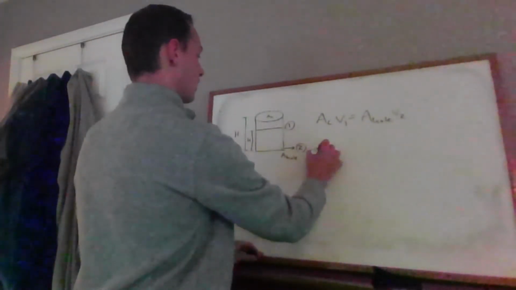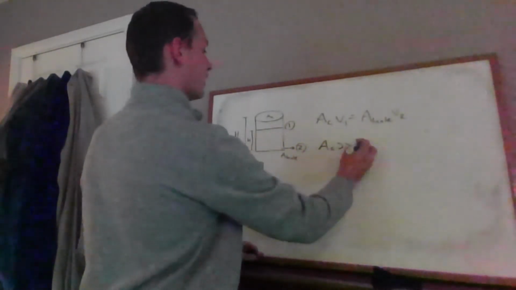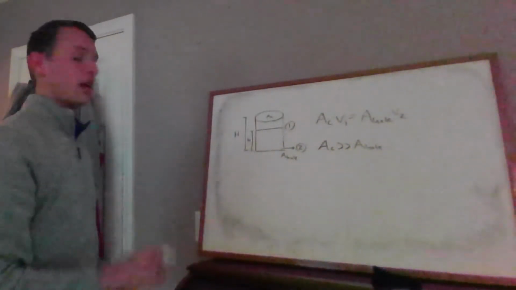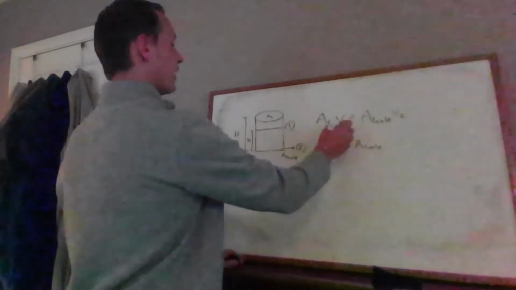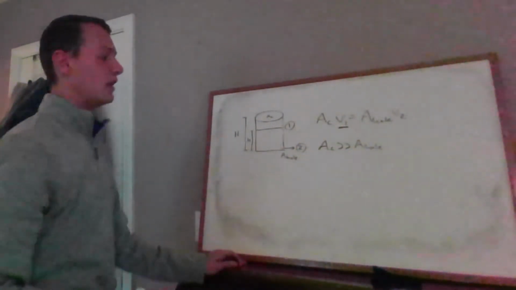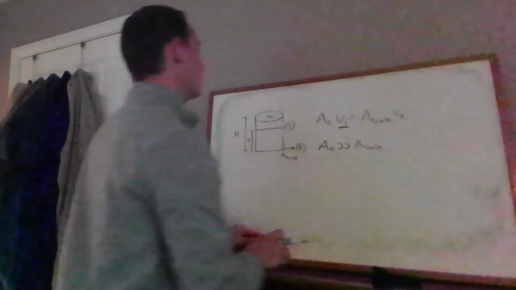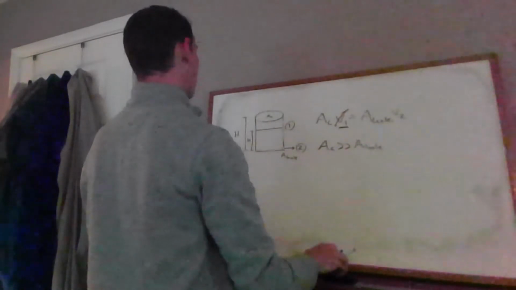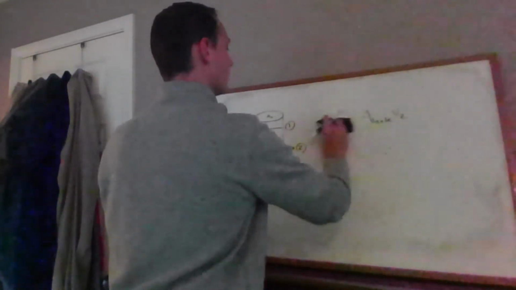Well, if the cross-sectional area of this cylindrical tank is very, very large with respect to the cross-sectional area of the little hole that we've poked, then this V sub 1 is going to be very, very small. Okay, so that's why we're going to take it to be 0 when we apply Bernoulli's equation to this.